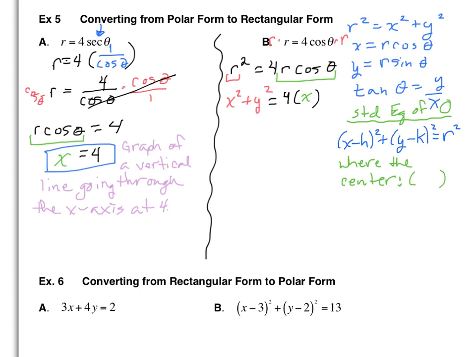What would be the center of this? You want to take whatever's being added or subtracted to x and y, that becomes your x and y for your center, and you take the opposite sign. So we're going to take h and k, and so we end up with h comma k. And then the radius is just r. And so that implies that you're going to take the square root of whatever number is here. Whether it's a perfect square or not, you'll take the square root of it to get to r. So we have to get this in this form.